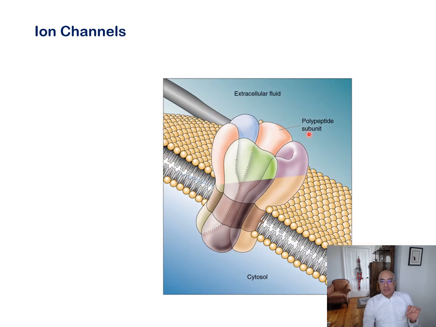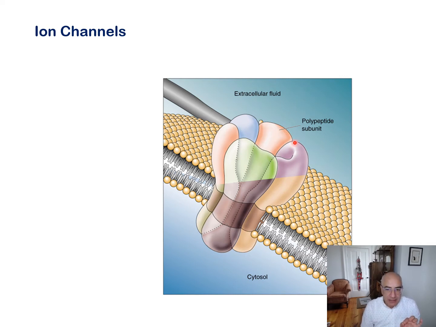Ion channels are made out of subunits. In this example, this ion channel is made out of 5 subunits, and that is typical for the ion channels that we're going to discuss. I'm going to give you examples that are somewhat different than this too. These subunits arrange themselves around a central pore or hole, and that pore spans the space between the cytosol and the extracellular medium.